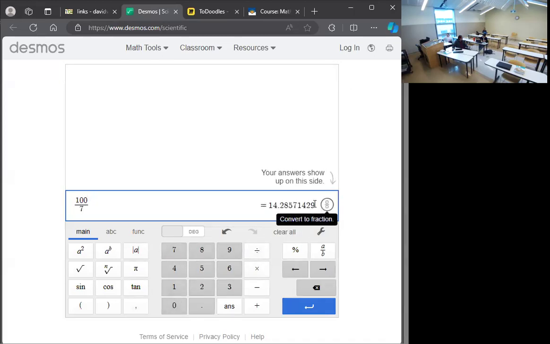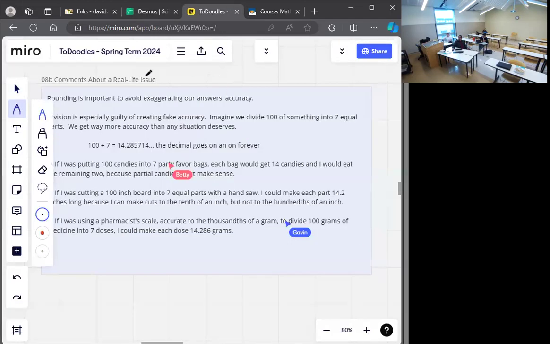The decimal point keeps going. That doesn't mean I've measured something with all of that accuracy. In fact, I really can't think of anything I do in real life where I can measure it to 6 decimal points of accuracy. That would be kind of ridiculous.